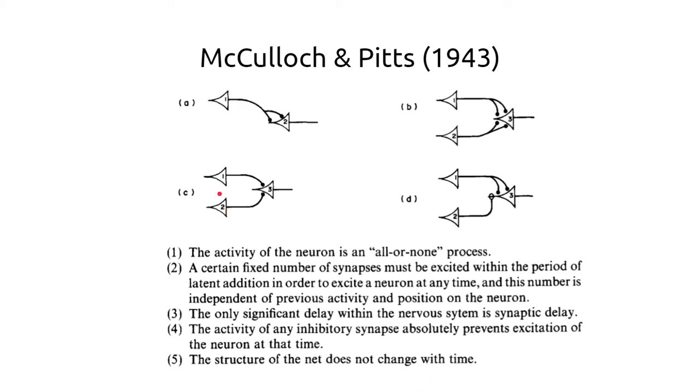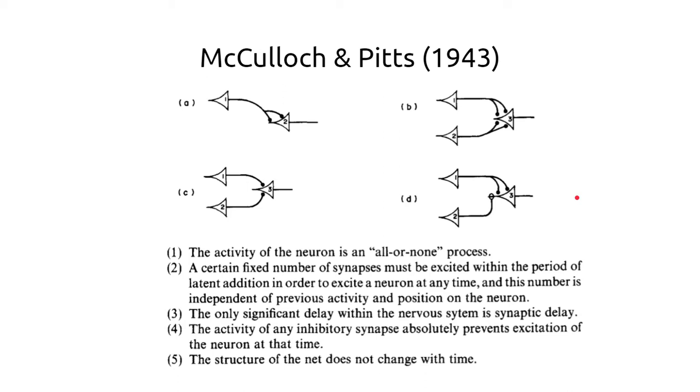Okay, so you're starting to maybe see how we can build something up out of neurons that can do things. Final example, this one over here. We're showing an example of an inhibitory connection. If neuron 2 is active, then that will stop neuron 3 from being active. So neuron 3 will only be active if neuron 1 is active and neuron 2 is not active. All right, so you can start getting these NOR type operations.